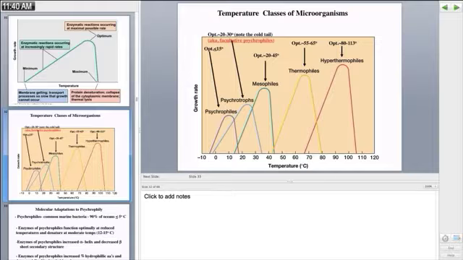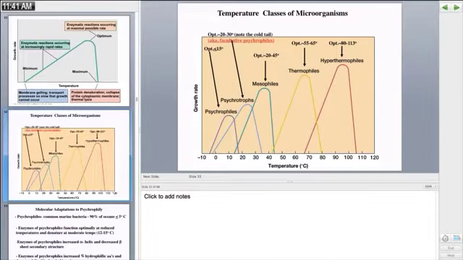The psychrotrophs, moving up in temperature, the next class, are really an important class. If you look at their temperature optimum, it's around 20 to 30 degrees. But notice this cold tail. The minimum temperature here drops off, so that bacteria are still growing at 10 degrees centigrade, at 4 degrees centigrade, down even below 0 degrees centigrade.